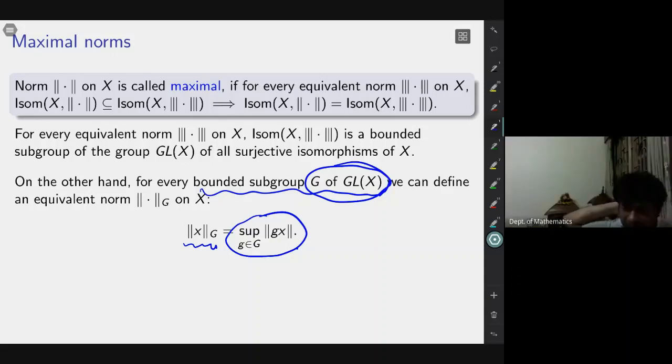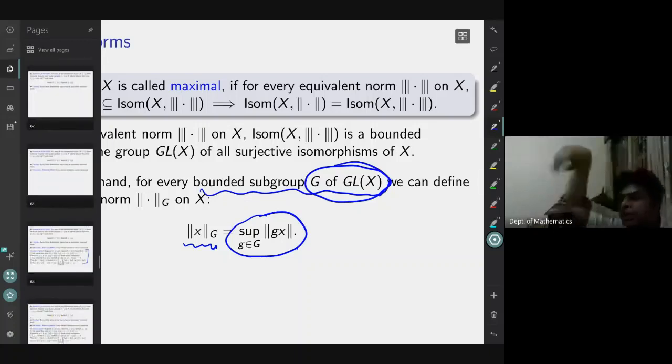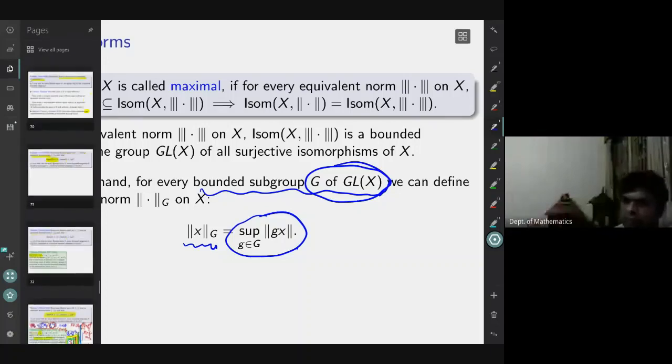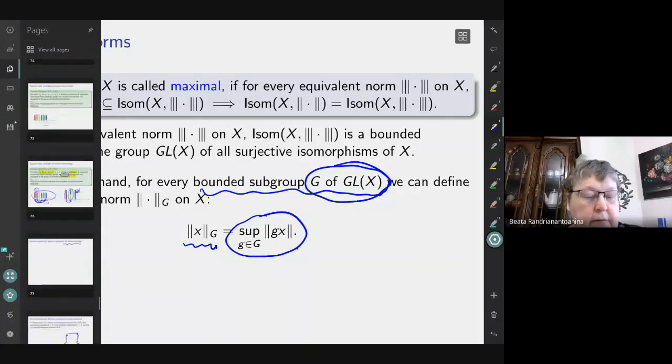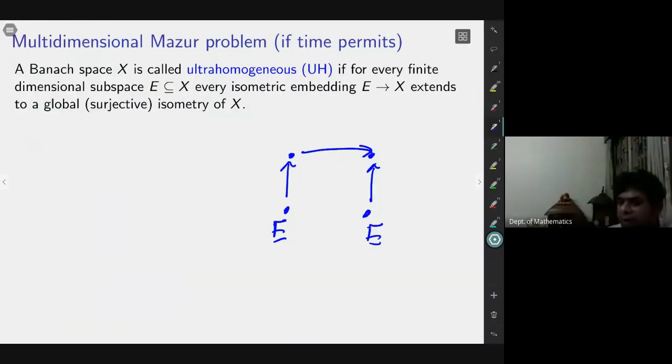It is very similar in essence to this ultra-homogeneous space. If you have two embeddings of a simple algebra, then these two images can be obtained by an automorphism of the bigger object, so they can be mapped into each other. I understand. That automorphism is a conjugation, in fact, in the Skolem-Noether theorem: the automorphism which takes one image to the other is a conjugation.